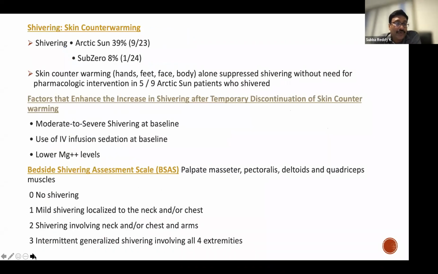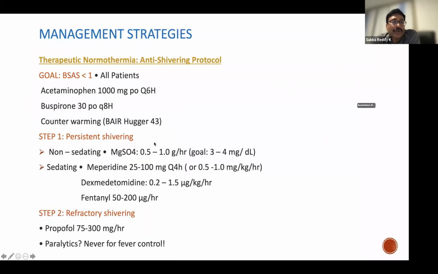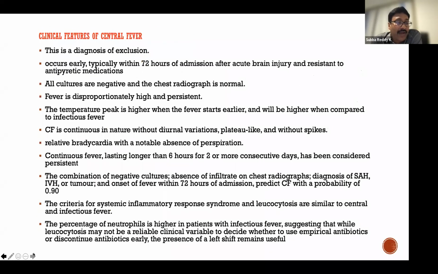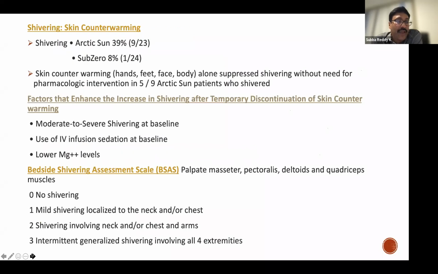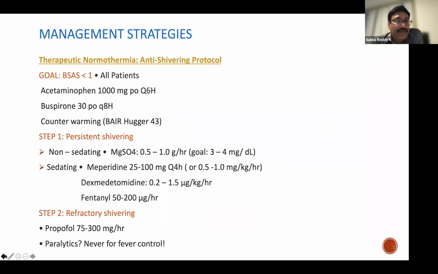So coming to shivering. When you are trying to control fever and maintaining therapeutic normothermia, you have to maintain an anti-shivering protocol, because shivering will increase oxygen consumption. So we have the Bedside Shivering Assessment Scale. What is the Bedside Shivering Assessment Scale?